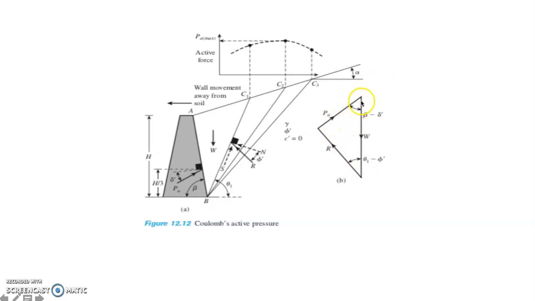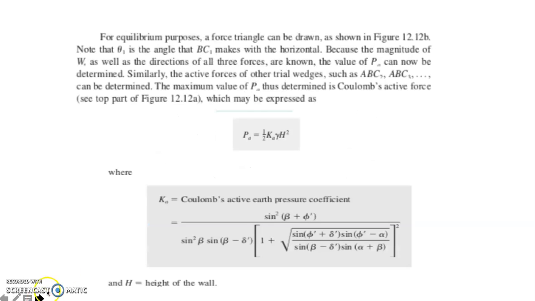Of course, you know what a force polygon is. You just have to identify the forces that are acting. You have the weight, your resultant, and the total active force, and identify also the internal angles.